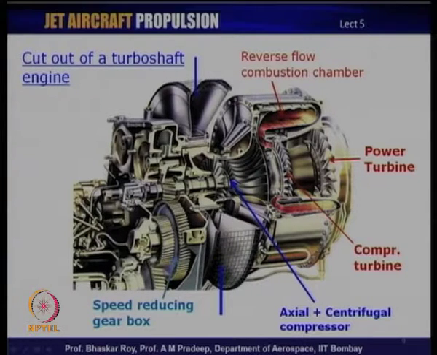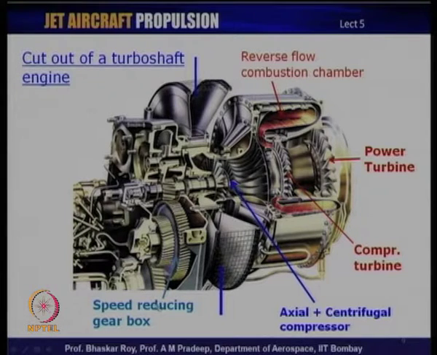So, this basically supplies power through the shaft to the two compressors together, and then it delivers the flow through this ducting system onto this bigger turbine, which is the power turbine. This power turbine then runs another shaft inside, which comes through, and then it runs this gearbox.